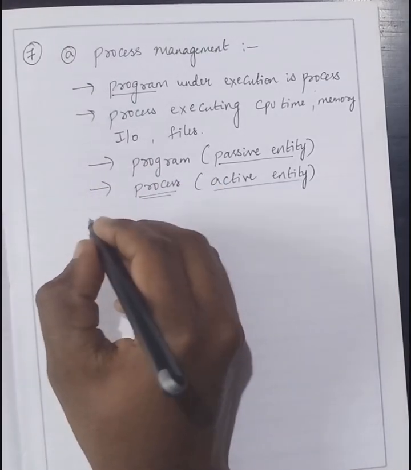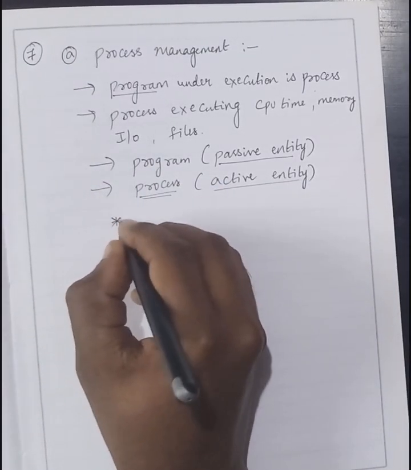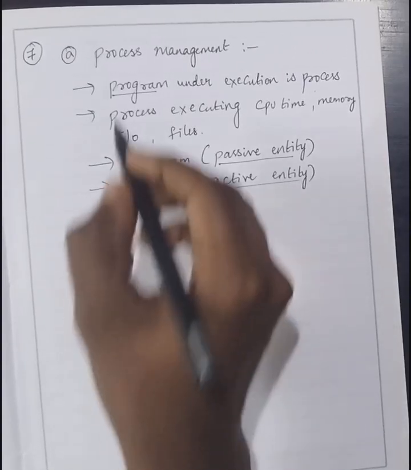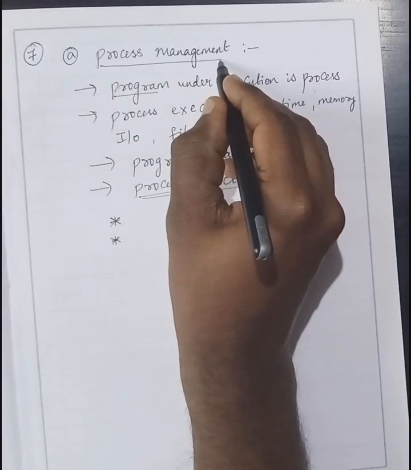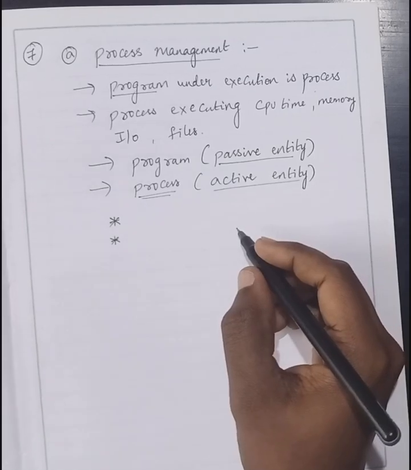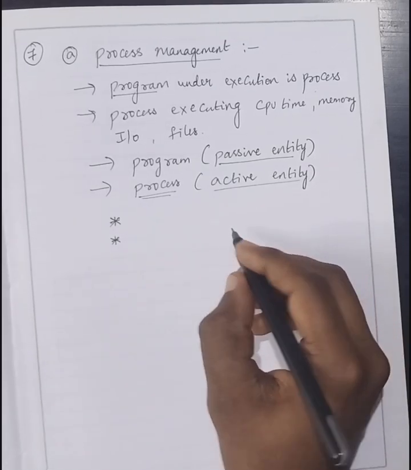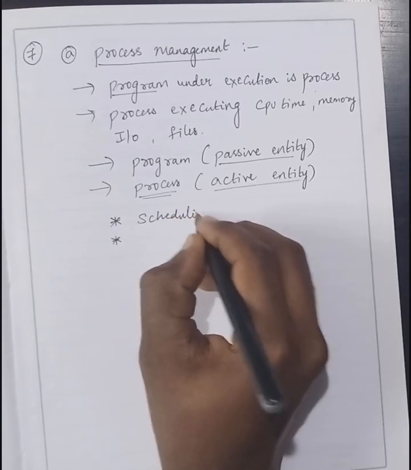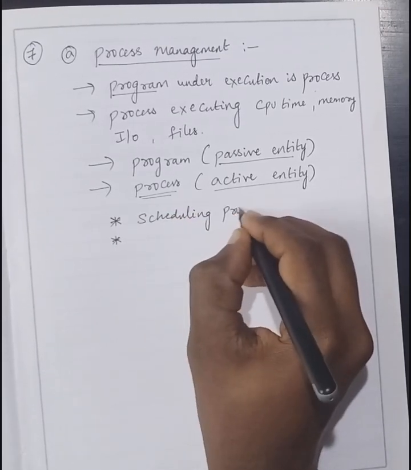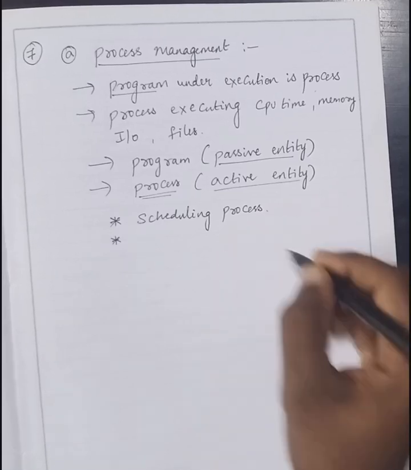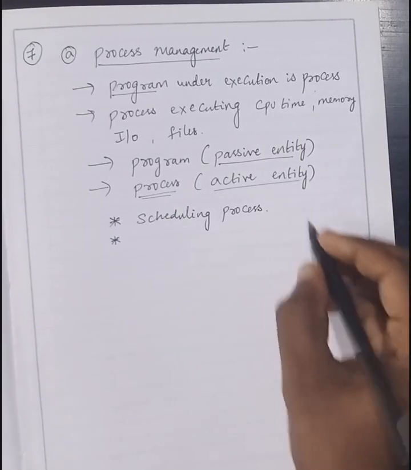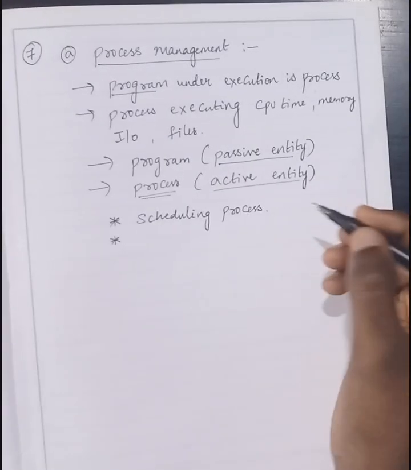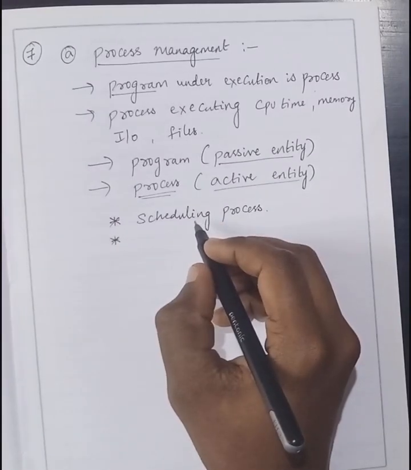Now we quickly see the responsibilities taken care of by the OS with respect to processes, which is called process management. The first is scheduling: deciding which process to execute first and which is next. Scheduling processes on the CPU is done by the operating system.